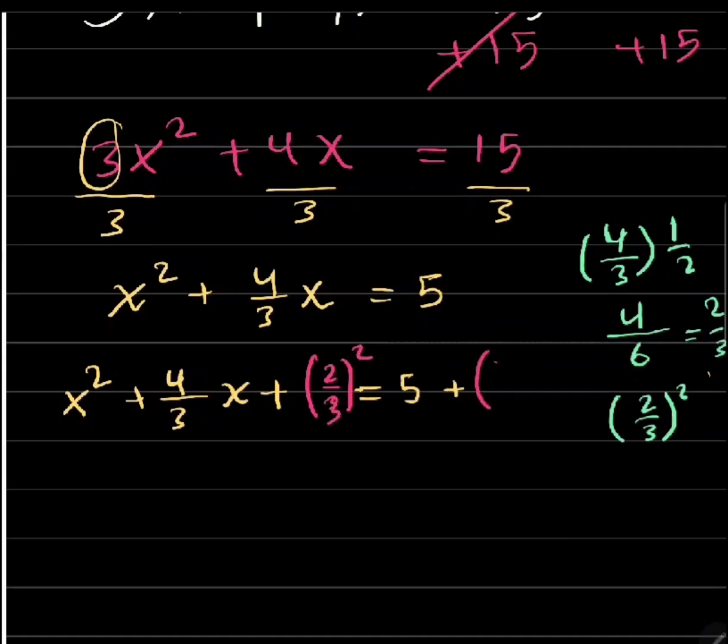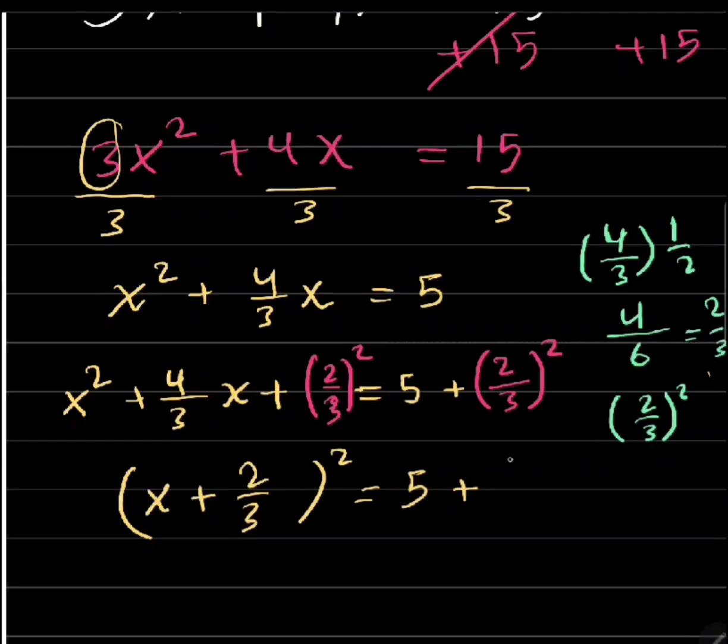Now you can see this left hand side is a complete square of what? x, and then the plus sign in between, and this 2 over 3 inside this parentheses. So let's write it in this parentheses: x, and then this plus sign, and then this 2 over 3 only, and then complete square, power 2, equals 5 plus 2 over 3 squared, which is simply 4 over what?